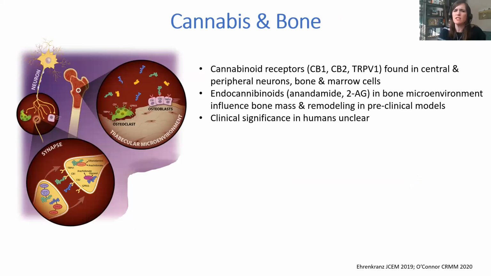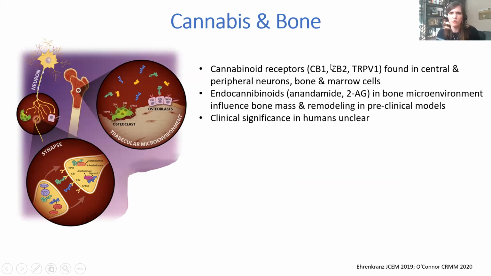I want to briefly touch on cannabis and bone because anytime you bring up pain relief in bone pain, this is one of the most common questions that we get both from patients and from clinicians. There's a growing body of preclinical data that the cannabinoid system may be important in bone physiology.